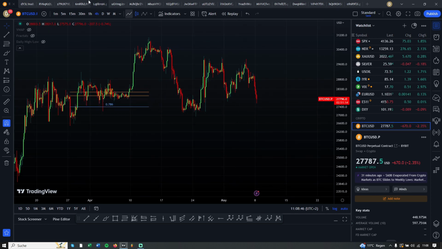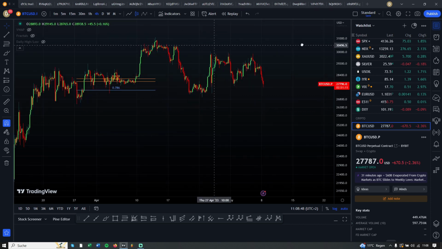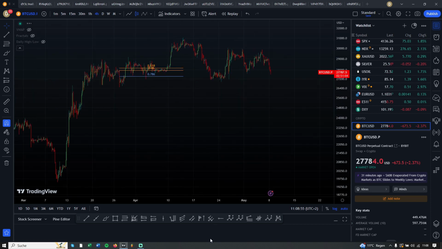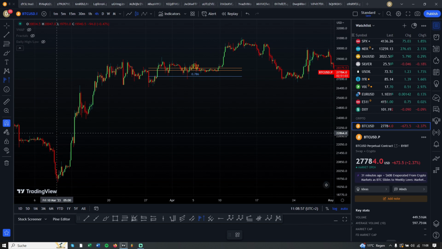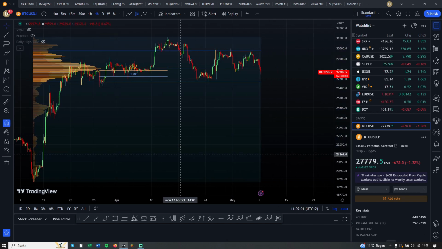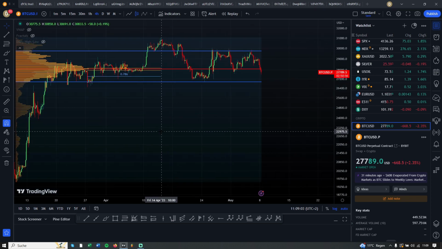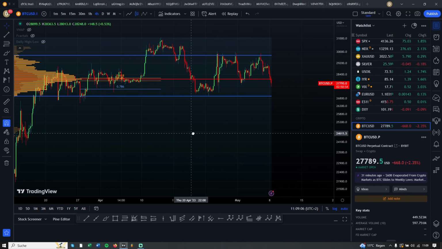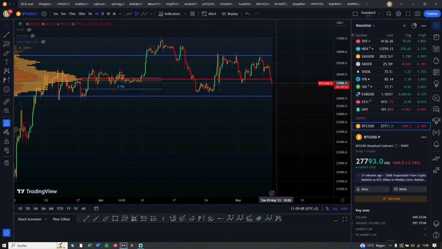Okay, let's analyze the price a bit more. So basically we could also pull the fixed range tool from this whole uptrend, and here we can see the point of control, the value area high and the value area low, and we are basically sitting right now on this point of control here.